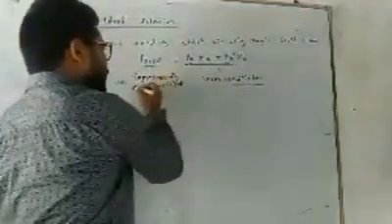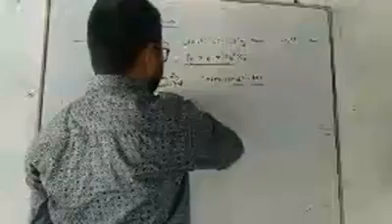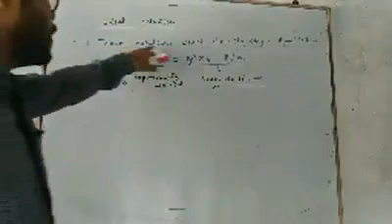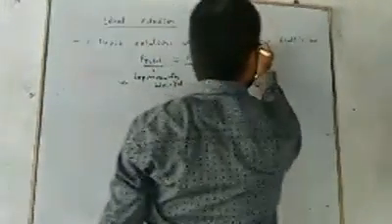So when the experimental value equals the Raoult's law calculation, then we say it is obeying Raoult's law, and if it obeys Raoult's law, then we say it is an ideal solution.